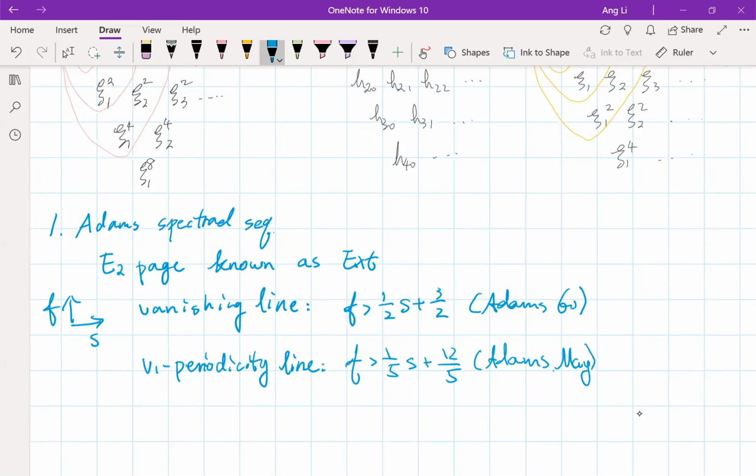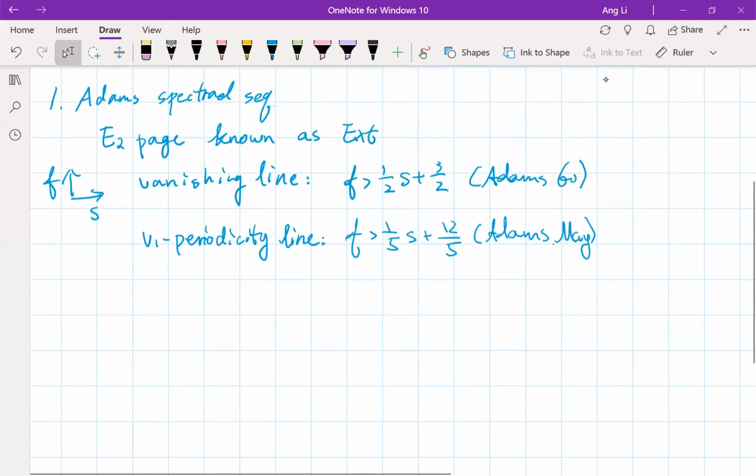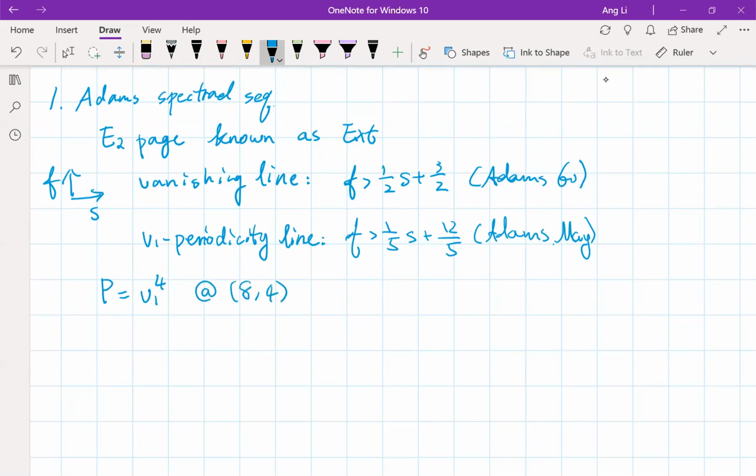Okay, so let's talk about this v1 periodicity for a moment. So the v1 comes from this element P, which is v1 to the 4th, and it's an element at (8,4).